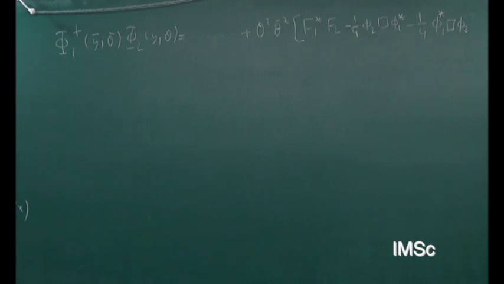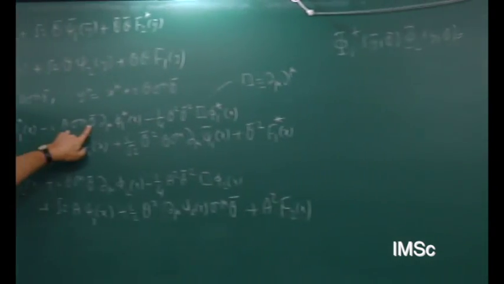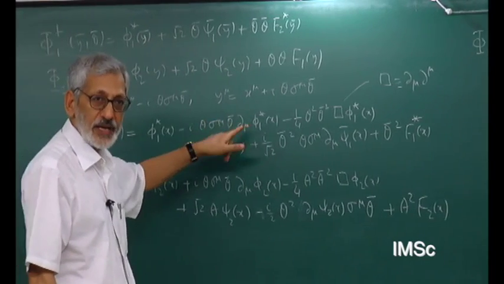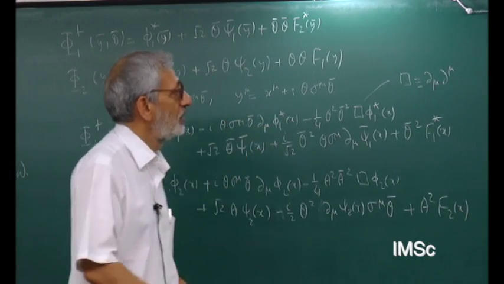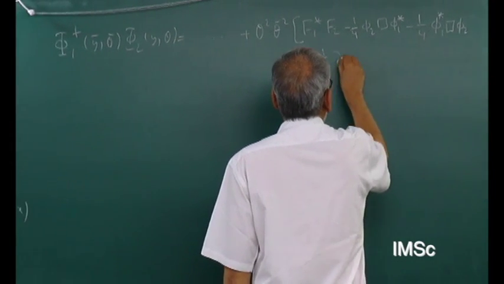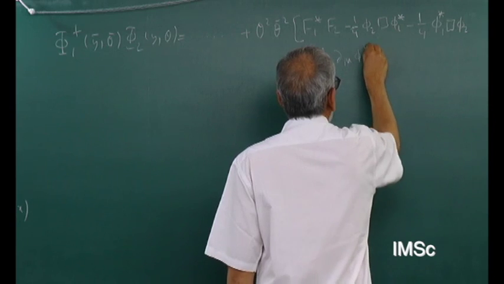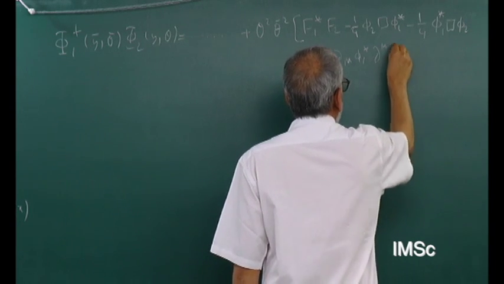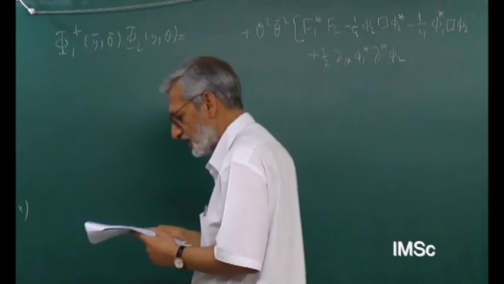Then there is this term times this term. It has 2 thetas and 2 theta bars. Use the Fierz rearrangements and you will get this out, and then plus half d mu phi 1 star d mu phi 2. Is it plus sign? I think it's a plus sign.